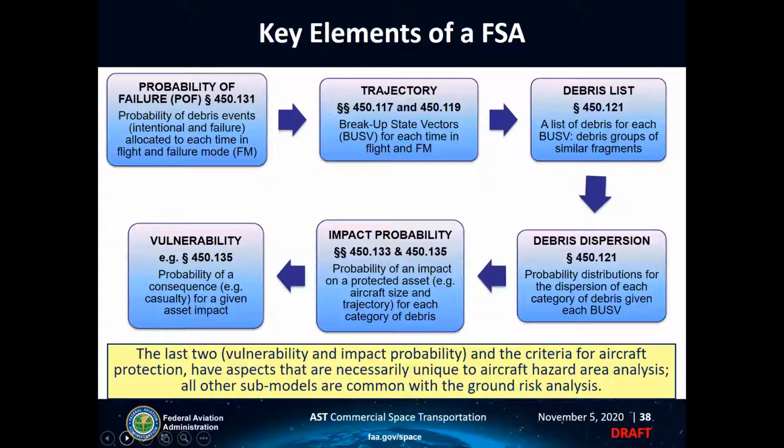Part of that generally involves grouping the debris into similar fragments that can be treated as a group, as depicted on some of the slides that we'll see in a minute.